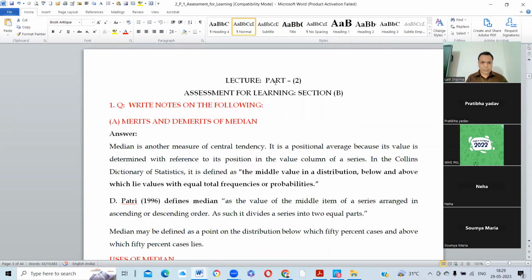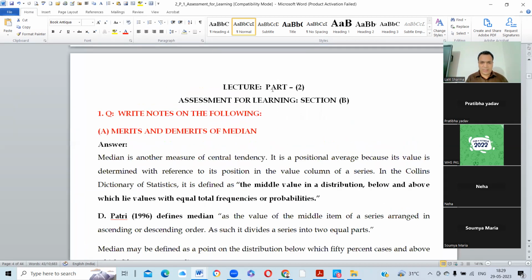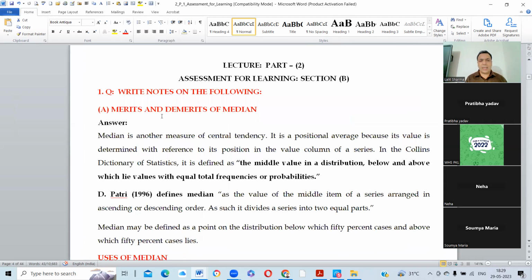Okay, we start the lecture from here. Lecture part 2, assessment for learning. In the last year paper, the question has come: write notes on the following, merits and demerits of median. But here I want to start my lecture from scratch, because median, mode and mean are the measures of central tendency.